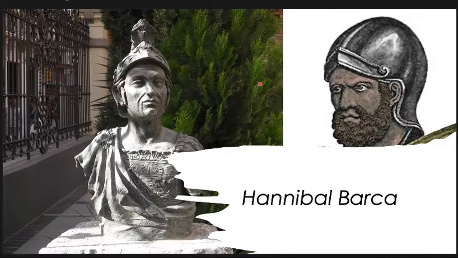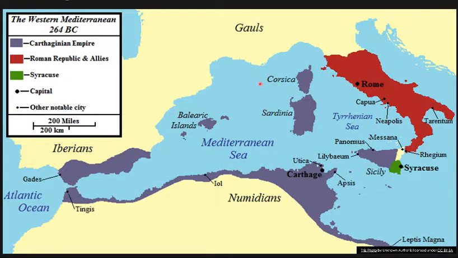And there are still statues to Hannibal found throughout North Africa to this day. And once Hannibal Barca and the Carthaginians are defeated, it gave Rome the dominance over the Mediterranean Sea.